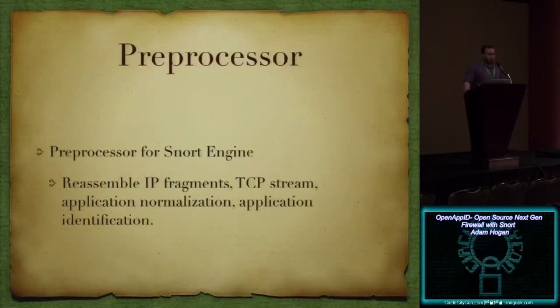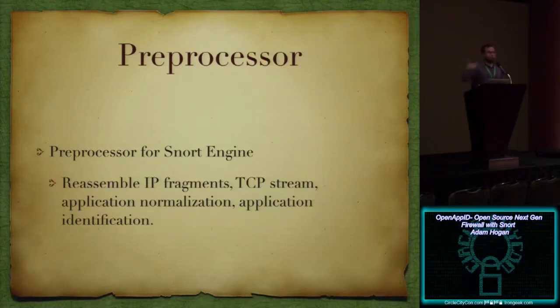So this actually runs as a preprocessor to Snort. If you've ever seen Snort before, there are a number of preprocessors that help manage traffic before the IPS starts examining it, matching Snort rules to find attacks. Because if you're looking at network traffic, you need to be able to rebuild it to look at it, right? If IP fragments are going across, you need to rebuild that.